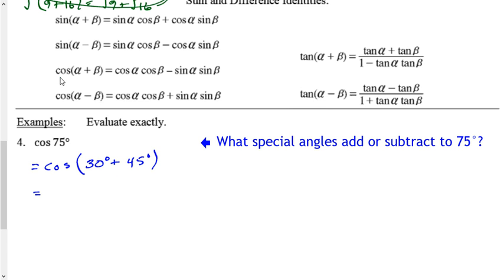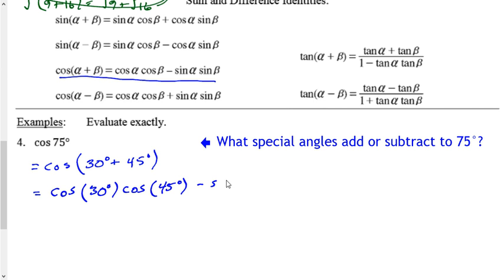So I want to look at this identity here, and I'm going to rewrite the identity. So this will equal the cosine of the first term, which is 30 degrees, times the cosine of the second term, 45 degrees, minus the sine of the first term, 30 degrees, times the sine of the second term, 45 degrees.